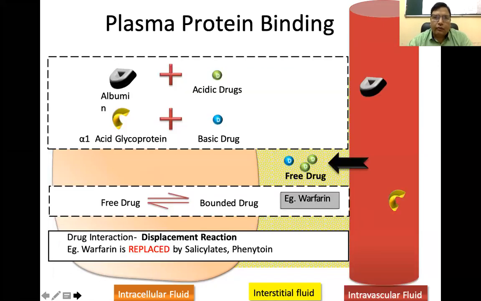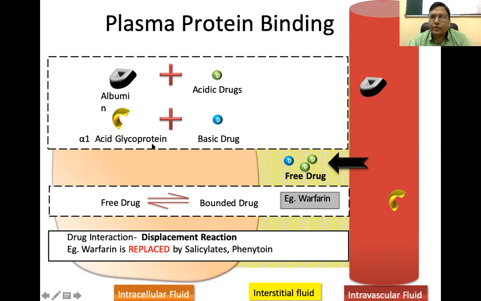Then a very important concept is plasma protein binding, and you often get a short note to write on it. In our intravascular fluid, we have two important plasma proteins: one is albumin, the other is alpha 1 acid glycoprotein. The acidic drugs bind to albumin and are distributed throughout the body, while the basic drugs bind to alpha 1 acid glycoprotein.